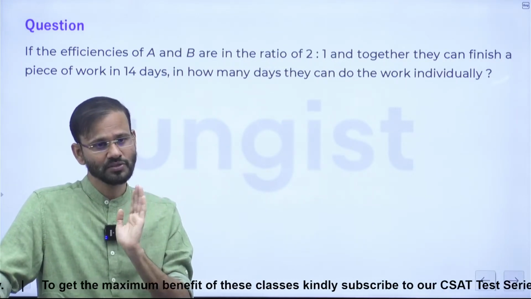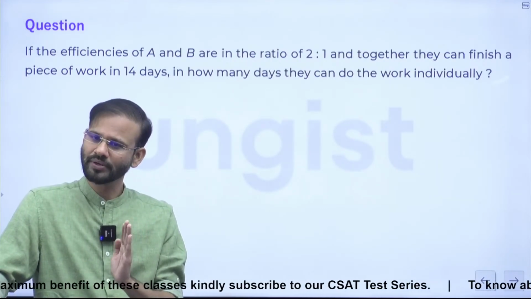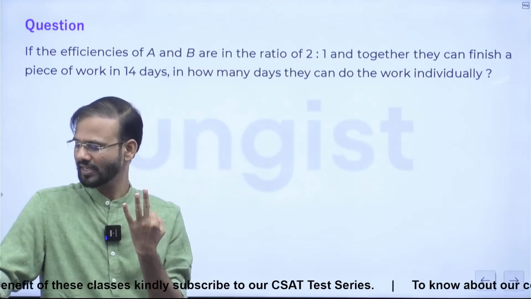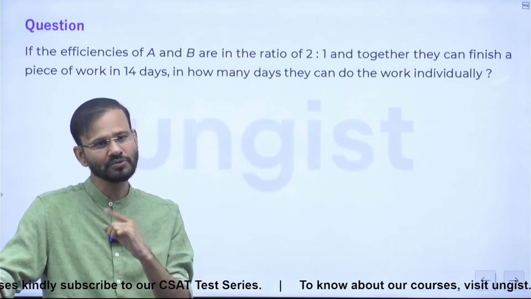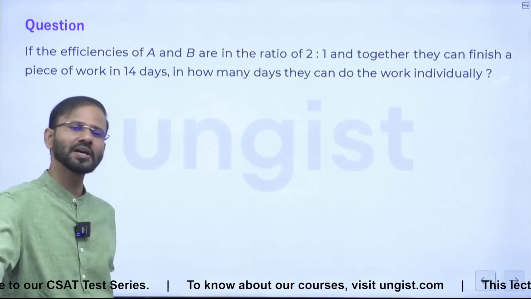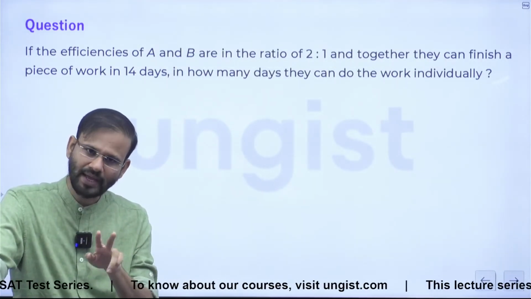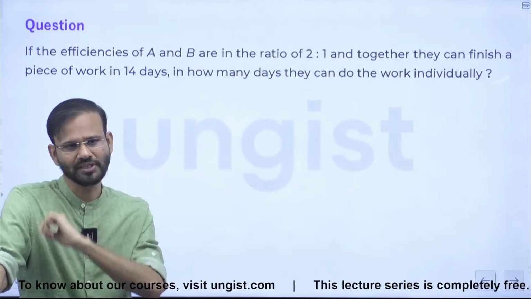So in those 14 days, B must have worked 1 unit and A must have worked 2 units and the work was finished. Just think on it, guys.